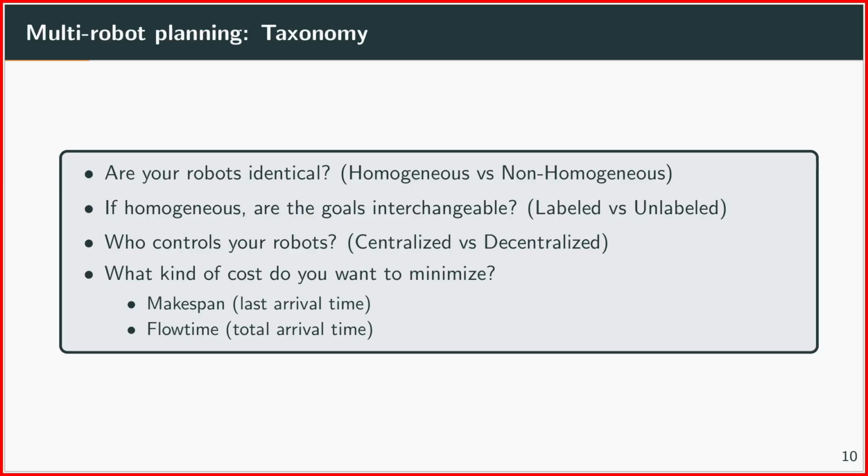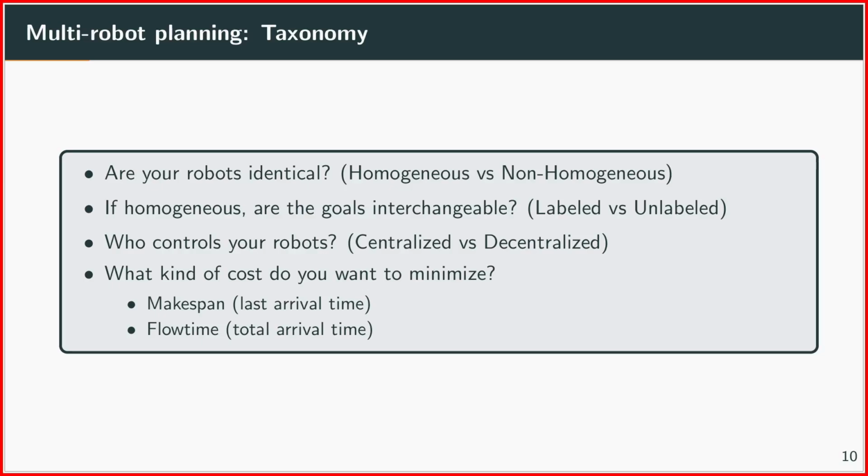And then on top of that, you also want to know what kind of cost you want to minimize. There are two classical costs which are considered in multi-robot motion planning. One is makespan, which refers to the last arrival time. So you have a bunch of robots and you want to minimize the arrival time of the slowest robot in your team.